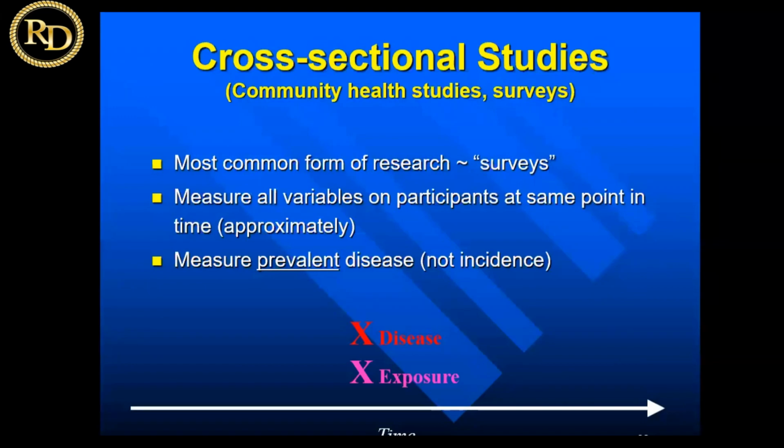So it measures the prevalence of disease, not the incidence. In a cross-sectional study, we are seeing at one point of time the prevalence of the disease and the exposure. Prevalence means old and new cases. Incidence comes only with the new cases.